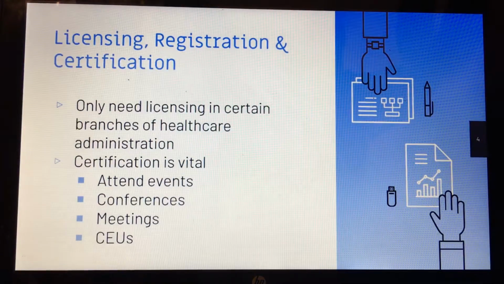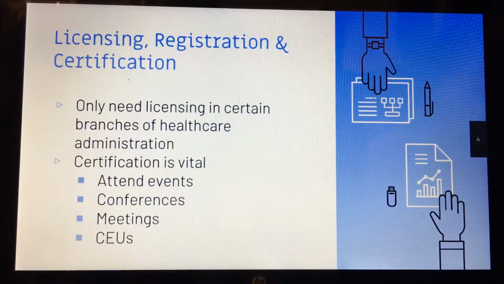Licensing, registration, and certification. Once a bachelor's or master's degree is obtained, you can move on to licensing and certification. Typically, you only need a license to work as a nursing home administrator, so certification is very important.